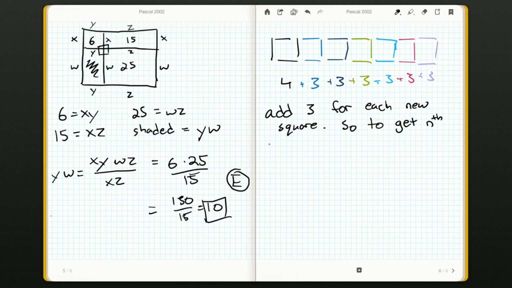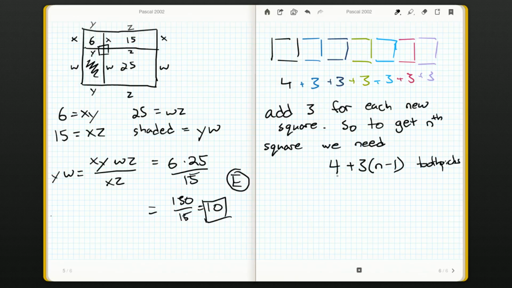So to get the nth square, we need to do 4 plus 3 toothpicks for each additional square being added. So additional after the first square. Toothpicks.